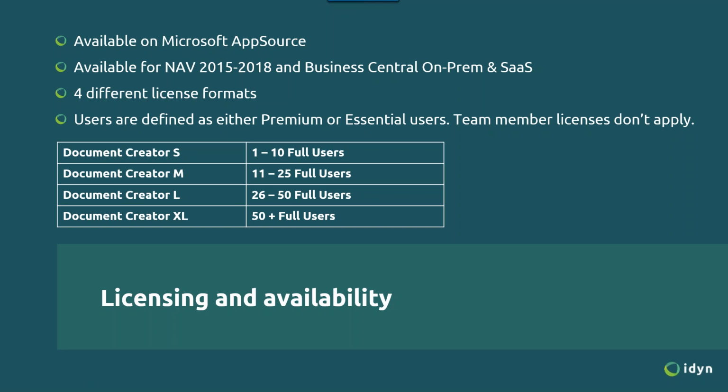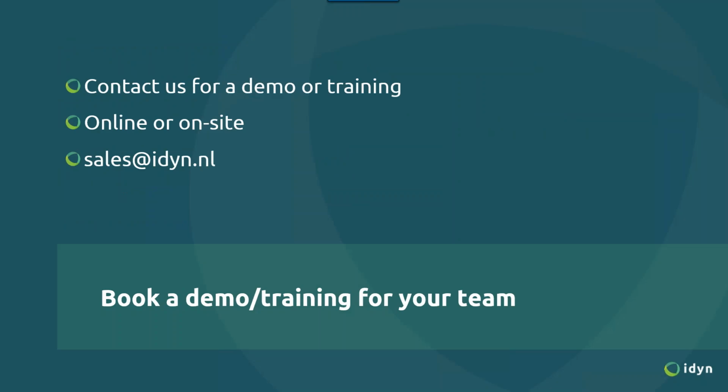Should you have any questions, again, please contact sales@ident.nl, especially when it is regarding maybe special demos for your team or trainings for that matter. We do online and on-site trainings. For availability and pricing, you can also contact the sales box.